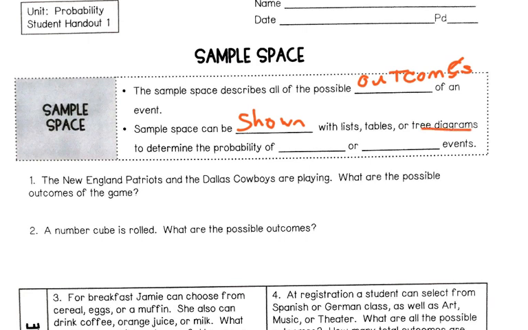And we're going to be using a lot of the tree diagrams to determine the probability of simple or compound. And compound is just more than one event.